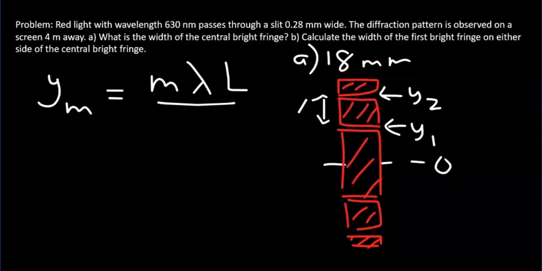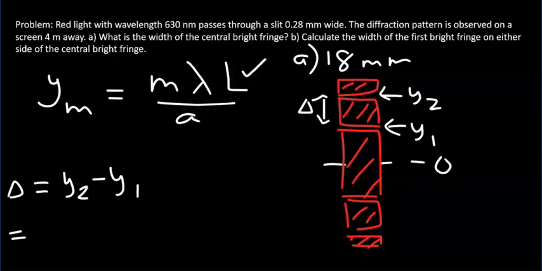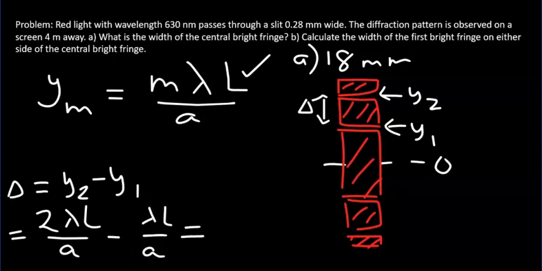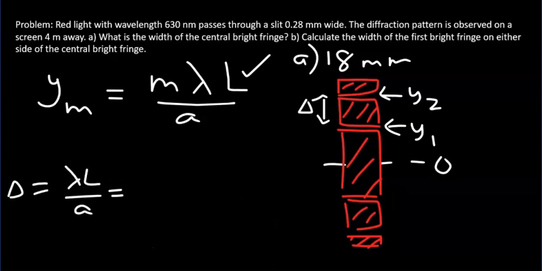So this width, let's call it delta, is given by y2 minus y1. Now y sub m is given by this expression. So 2 lambda L over A minus lambda L over A is lambda L over A. So that is your delta. So let's substitute the numbers. The wavelength is again 630 nanometers, so times 10 to the power minus 9.